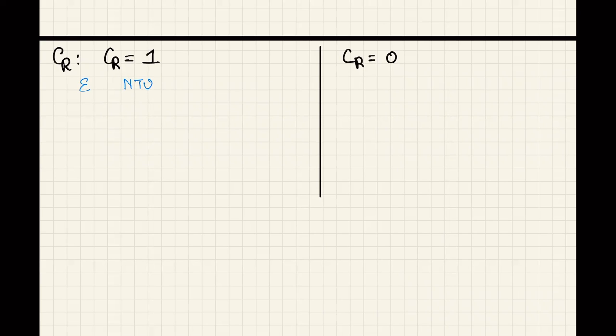All right, so we need to find out what happens when Cr is equal to 1, and from this epsilon and NTU will tell us whether it is effective for heat transfer or not. Yes, Kaushik, so what you are saying for Cr equal to 1?